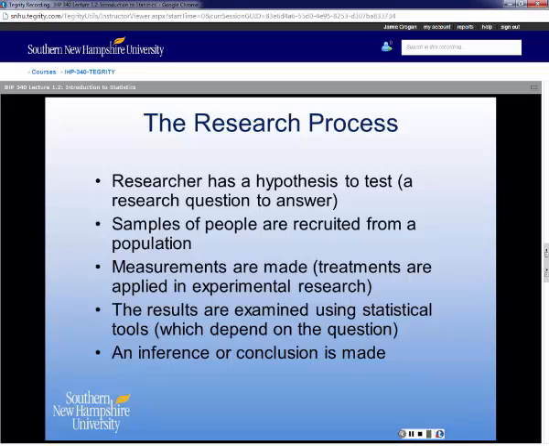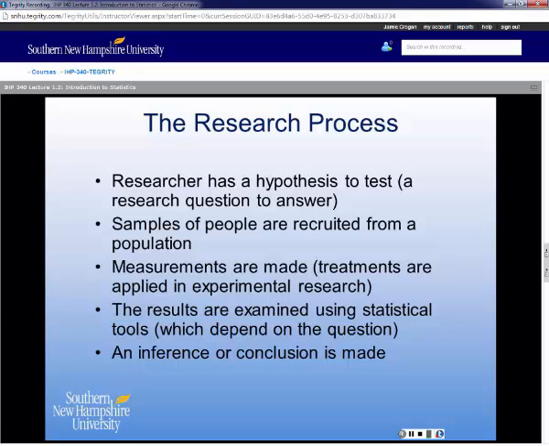Finally, a conclusion is made based on what is found in that sample. And remember, the sample is the small group of people who actually had measurements made on them. The inference is the researcher applying that conclusion to the larger population. Because really, the process of research is to say something about the larger group, the population.